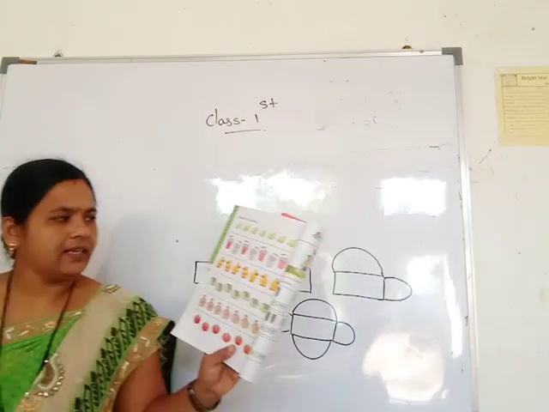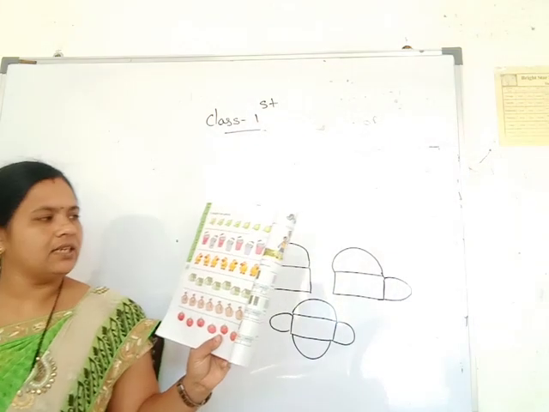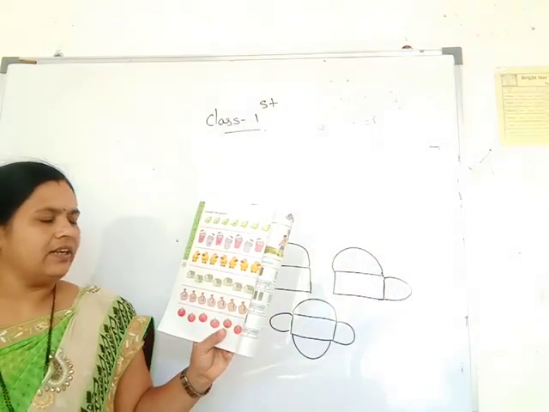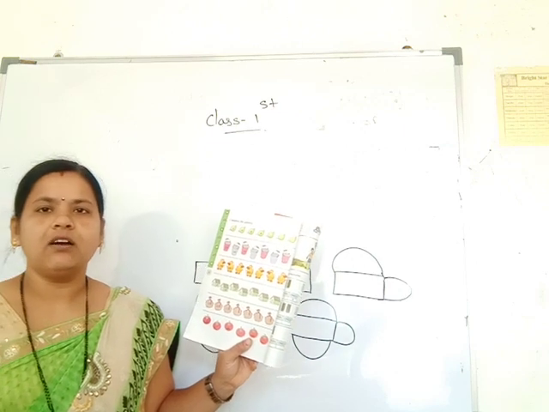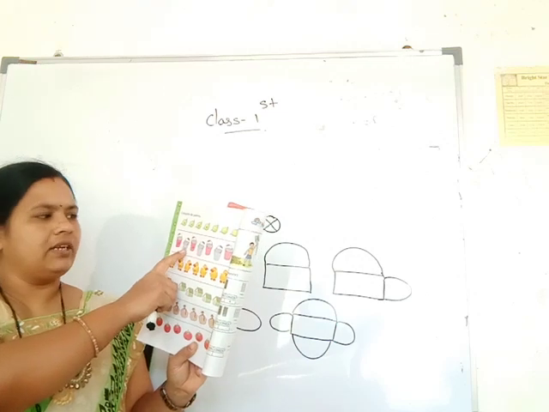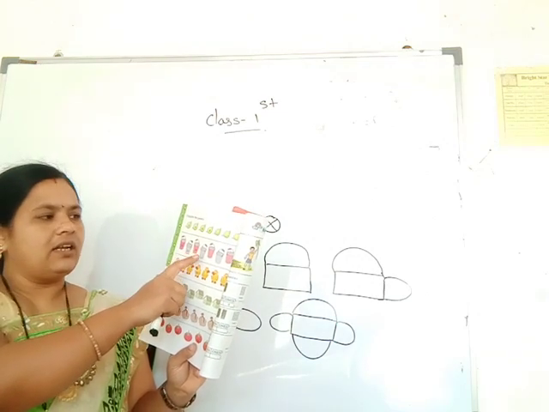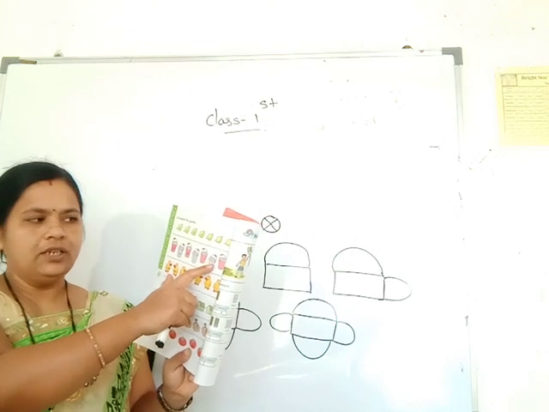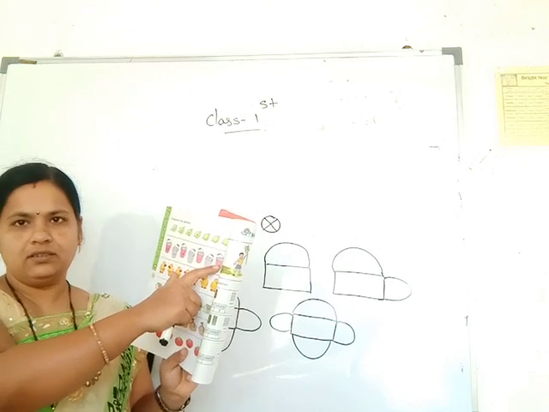Then see the second one, a bucket picture. On the buckets numbers are given: 27, 28, 29, means adding one number. 27 plus 1 is 28, 28 plus 1 is 29, then afterwards you write 30, then 31, 32 and then 33.